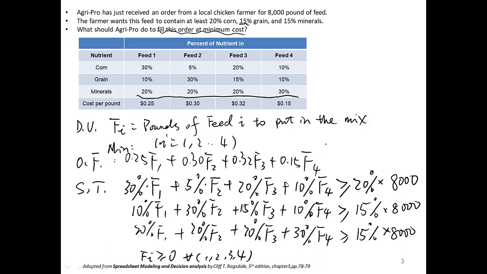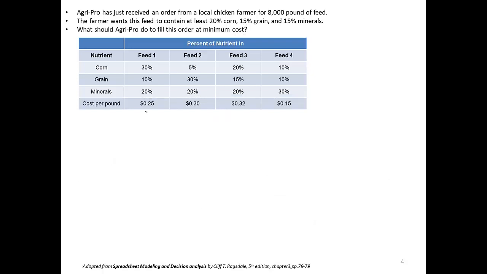Okay. Anything else? The constraint, Martin? The sum of all F's equals 8,000. Sum of them, yes. Okay, so F1 plus F2 and so on. Remember, we defined them as how many pounds to put in the mix, right? So we do want our mix to be like this.